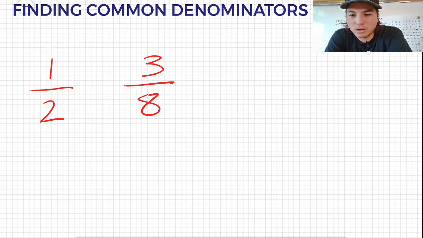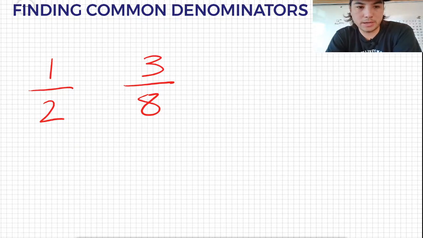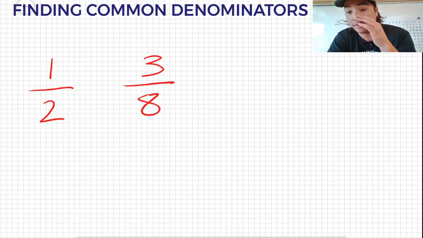And this one's not quite a trick, but it is a little handy because the least common multiple already exists in one of these fractions.